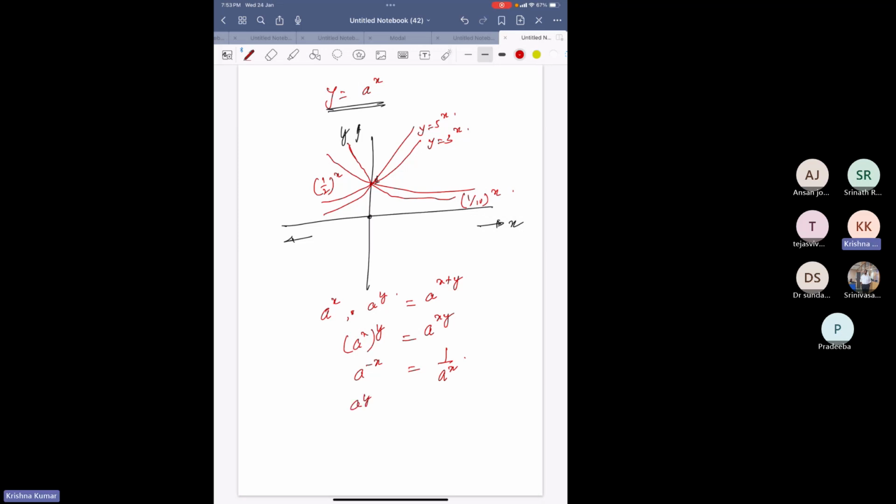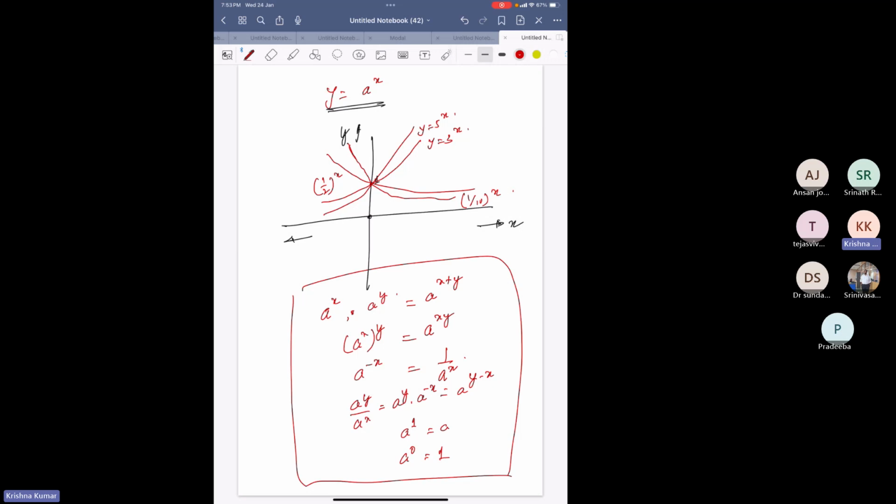Same way, a power y by a power x is equal to a power y into a power minus x, which is equal to a power y minus x. Of course, we saw a power 1 is a, and a power 0 is equal to 1. These are very early, 7th standard algebra. Anyway, we just wanted to refresh it.